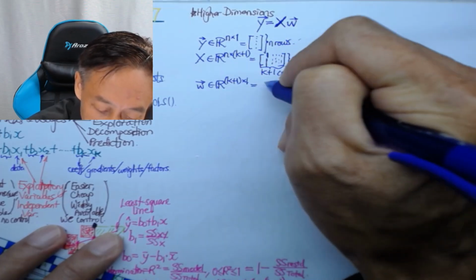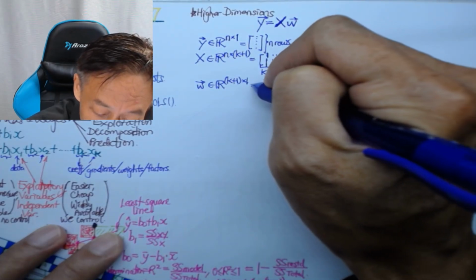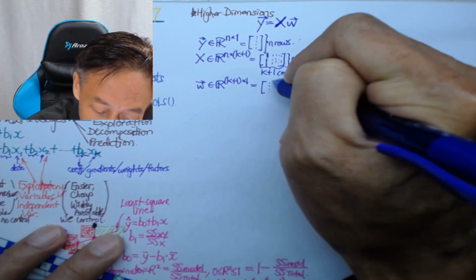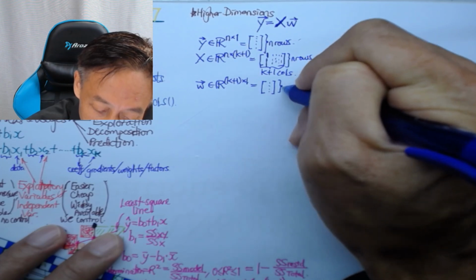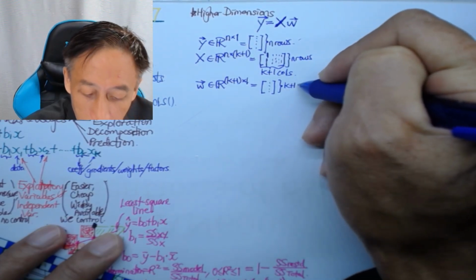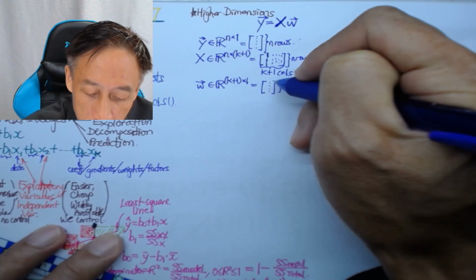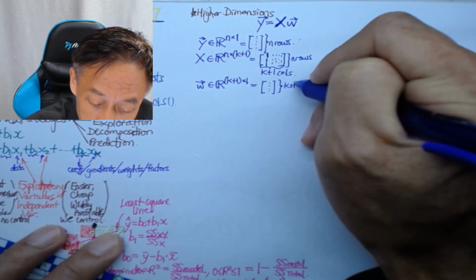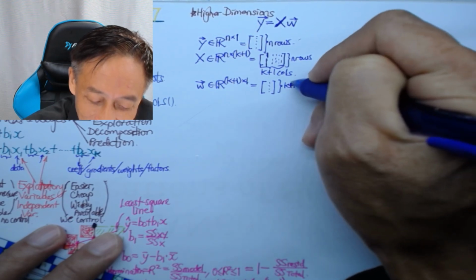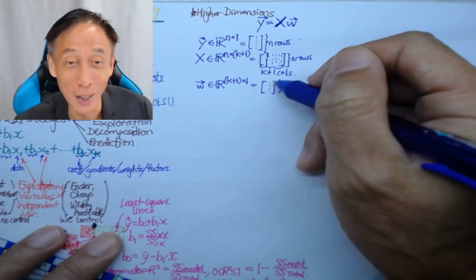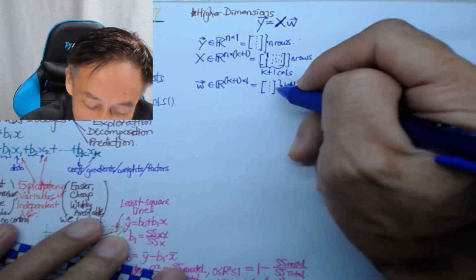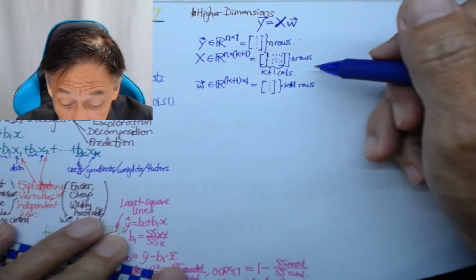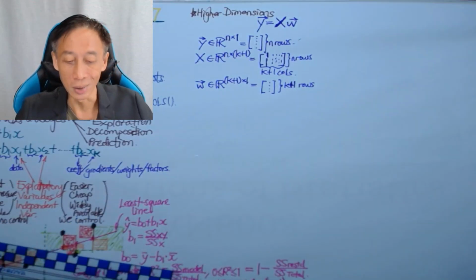So it's a vector of how many rows? K plus 1 rows, including the y-intercept. So the first term in the first cell here will be the y-intercept. It cannot just pop up out of nowhere. It has to be already factored into the parking lot of the vector itself. And we have one column, thin. So it's a column vector like this. So the structure looks like this.